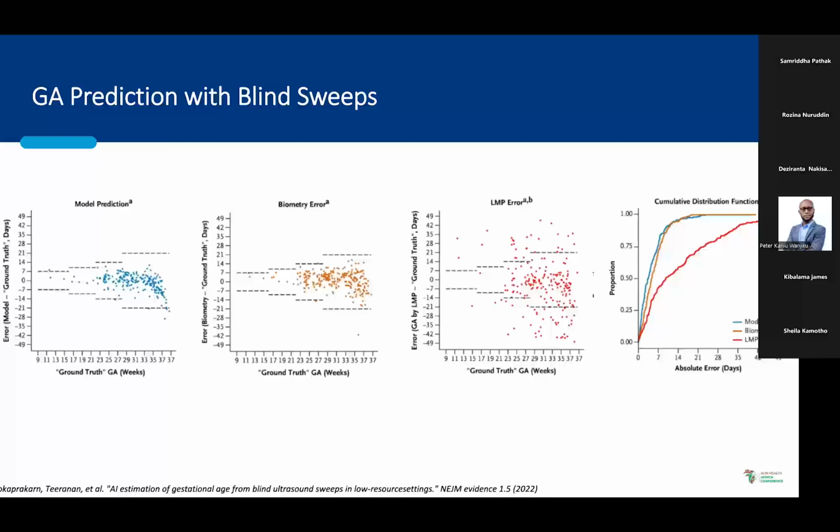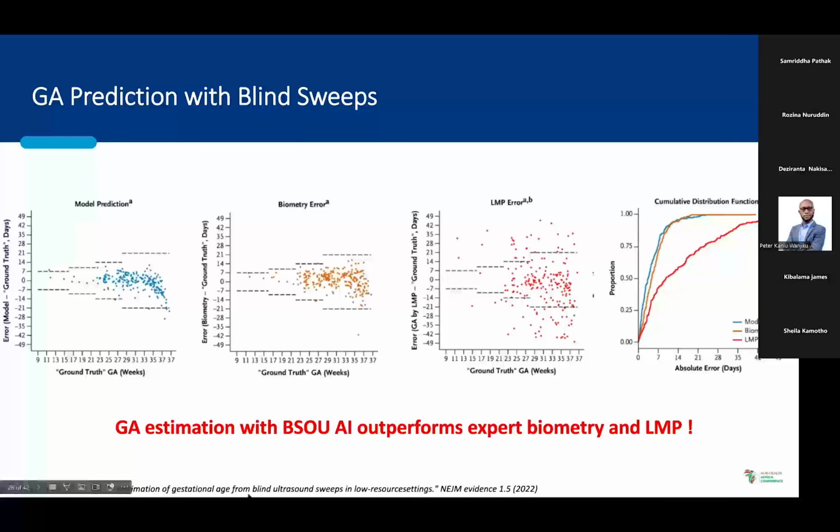This shows the prediction of gestational age using blind sweeps rather than the standard views, and it shows that the prediction from blind sweeps actually outperforms those taken by expert biometry, as well as from the last menstrual period taken from the patients themselves.